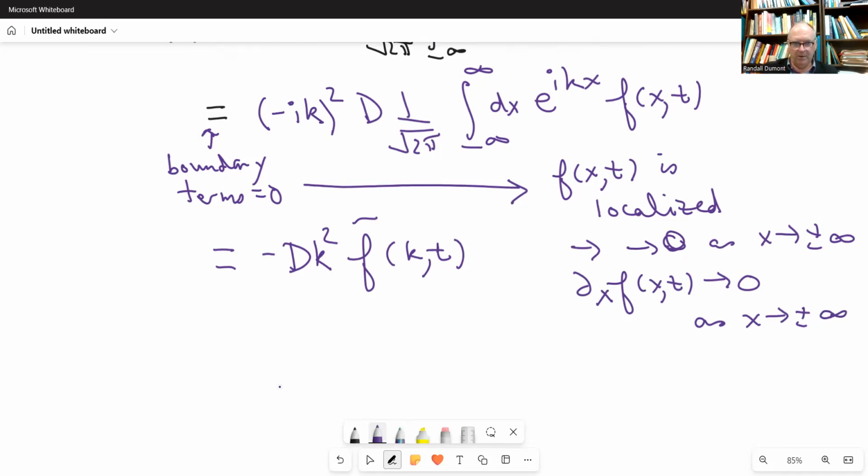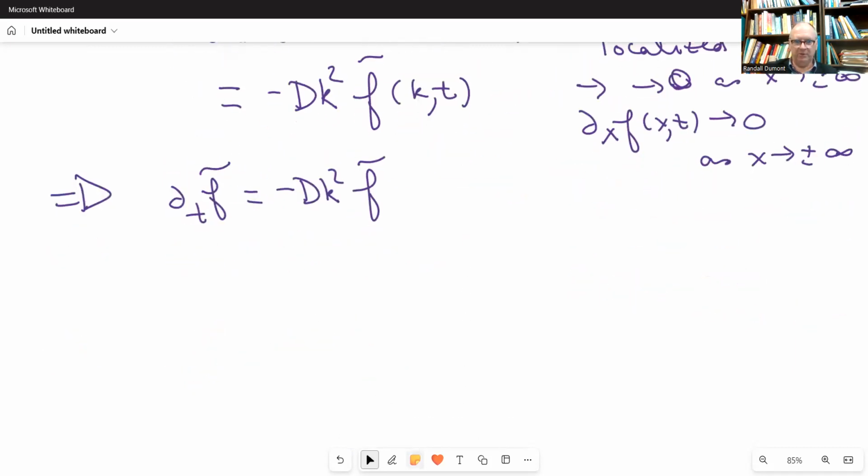So we end up with this simple equation we can solve. That's the differential equation whose solution, it's a well-known one, is an exponential function.